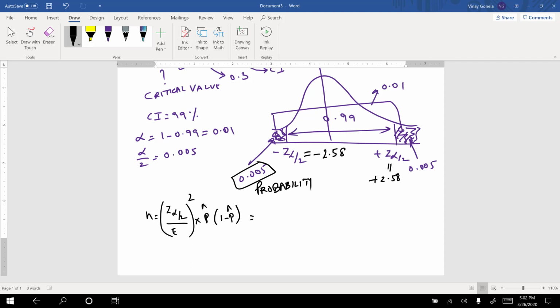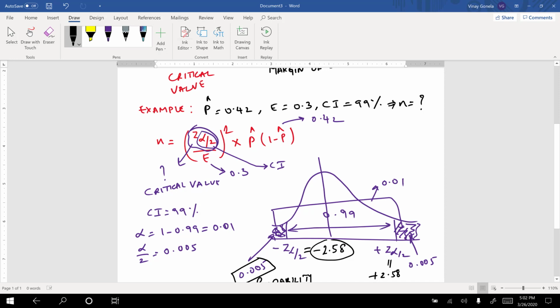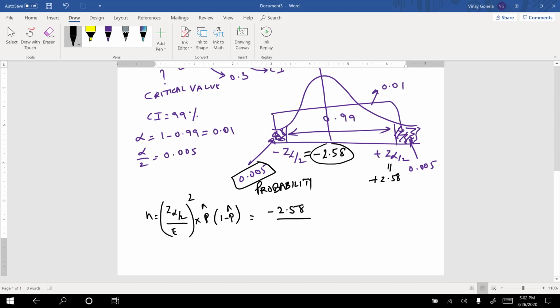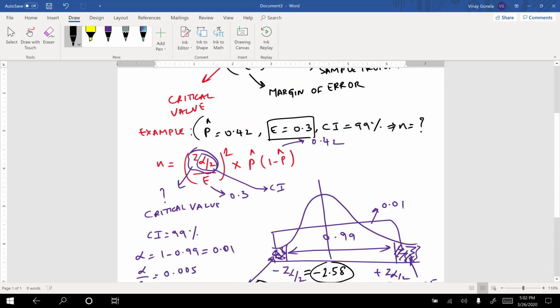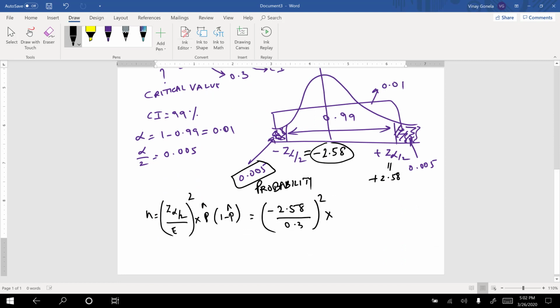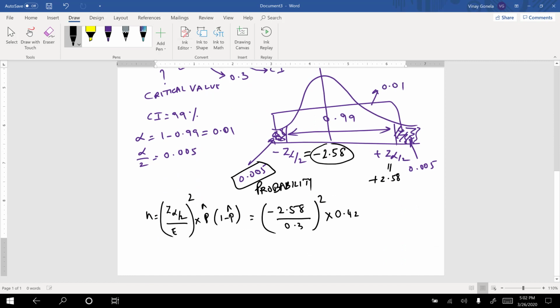So z alpha over 2, I got negative 2.58, divided by error, which is 0.3, whole square, multiplied by p hat, which is given as 0.42, multiplied by 1 minus 0.42.